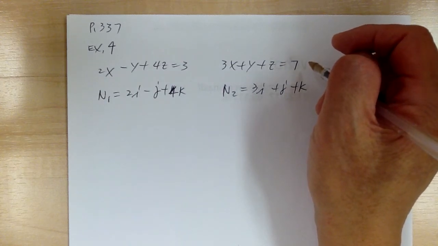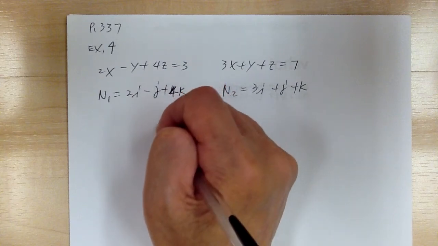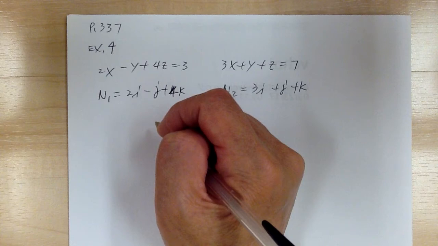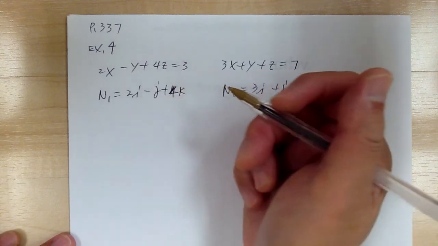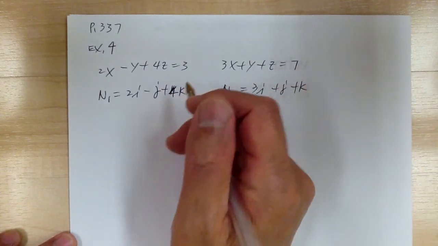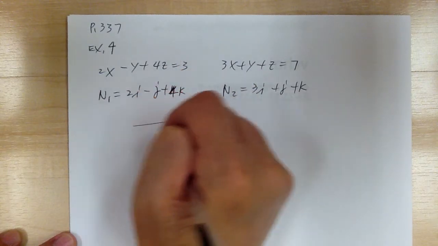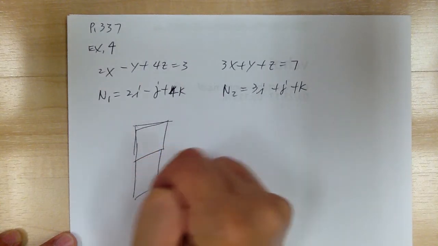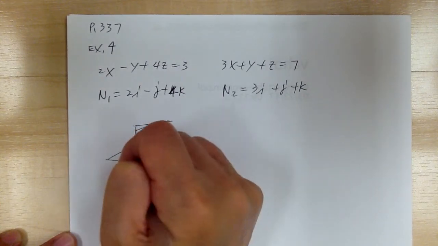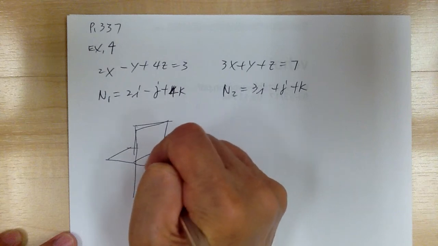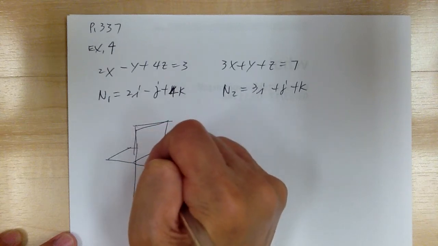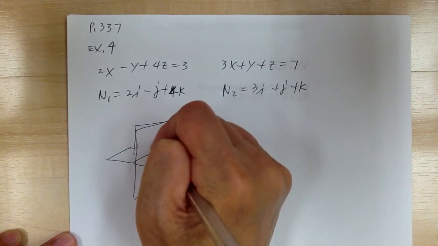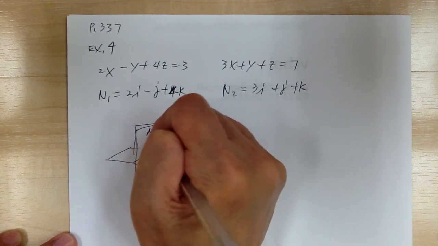So again, you can use the cross product to get the equation. See, what happened is this. Imagine that you have a plane. From this plane, this is plane 1, you're going to have this n1, and from plane 2, you're going to have n2. Normal is the direction it's facing.